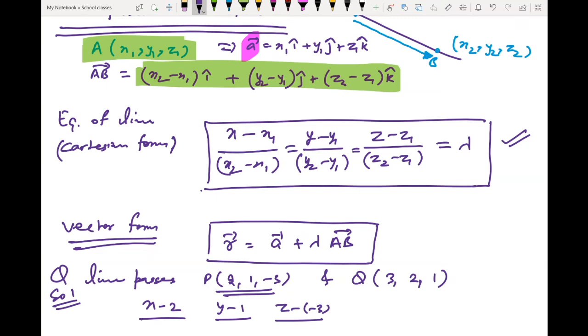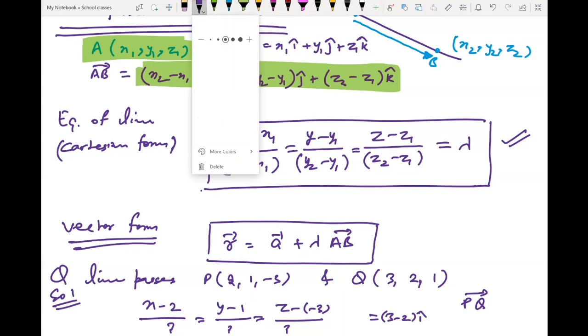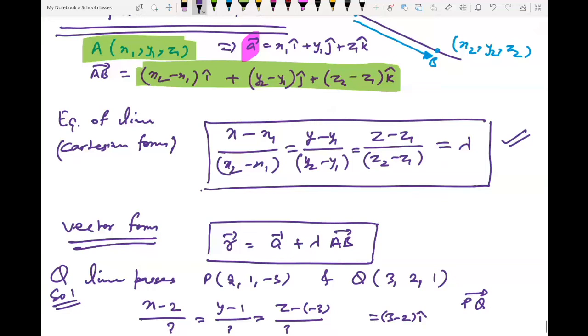Here we should write the DRs of that vector to which the line is parallel, and you all know the line will be parallel to the PQ vector. So how to find the PQ vector? The PQ vector will be nothing but Q minus P, so that is 3 minus 2 i cap plus 2 minus 1 j cap plus 1 minus 3 k cap.